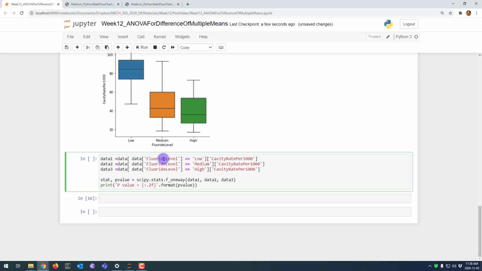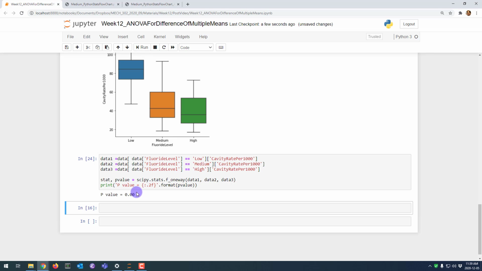All right. For the low fluoride level, grab all the data and then report specifically the cavity rate per 1,000, store that in data 1, medium in data 2, high in data 3, and then use those 3 data sets to calculate a one-way ANOVA, which does a comparison of the means. And so we get a 0 value here, 0 down to 2 decimal places.